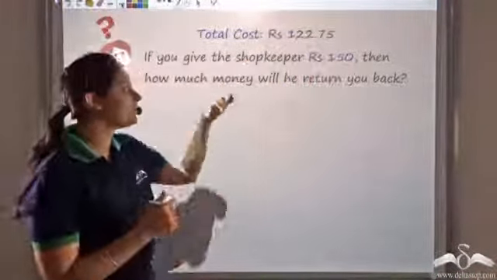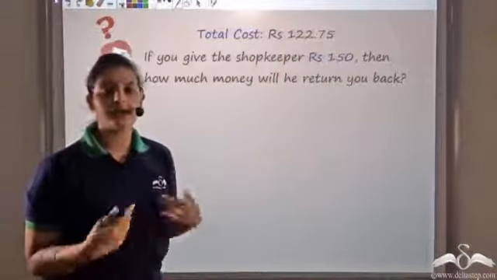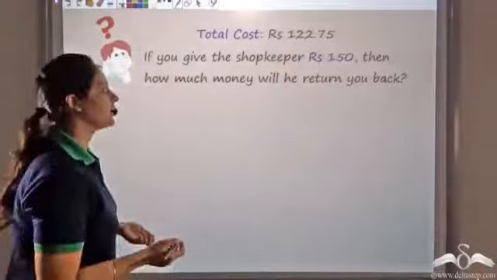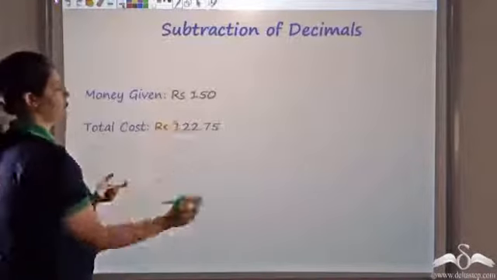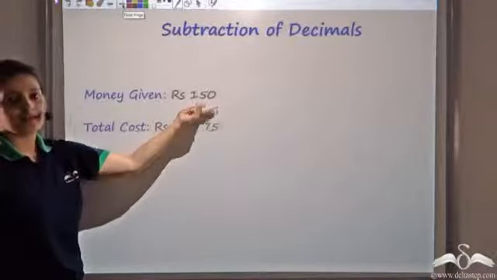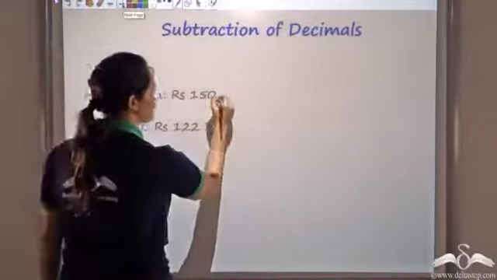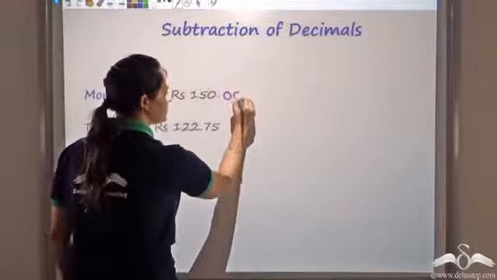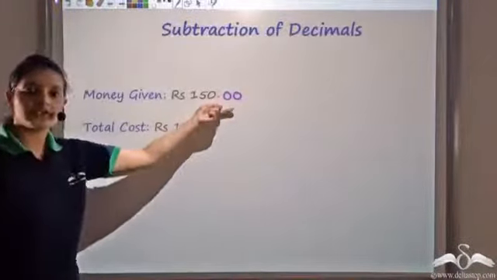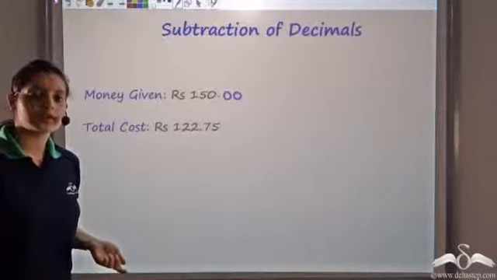That is, he will take away 122.75 from your 150 and give you the remaining back. That is, he will subtract 122.75 from 150. That is subtracting decimals, because I can write rupees 150 as 150.00. I can make this integer a decimal, so I am subtracting two decimal numbers, which is subtraction of decimals.